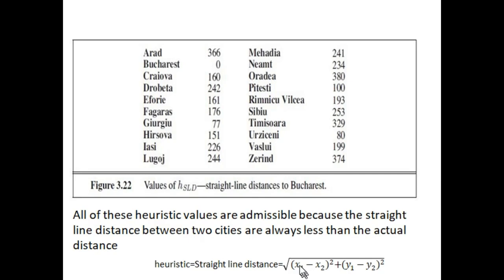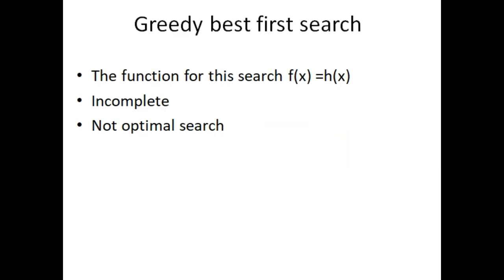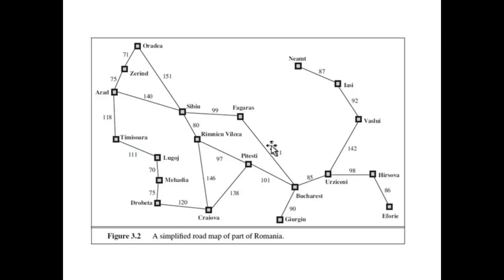We will consider any state as the first point, then we will consider the B state as the second point, and then by using this formula we can calculate the heuristic value. Just look at the map. We should discuss these values by using this map.